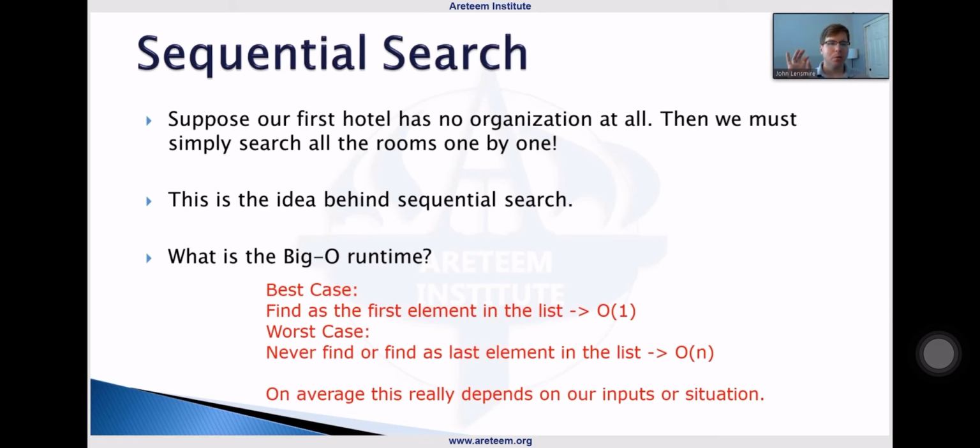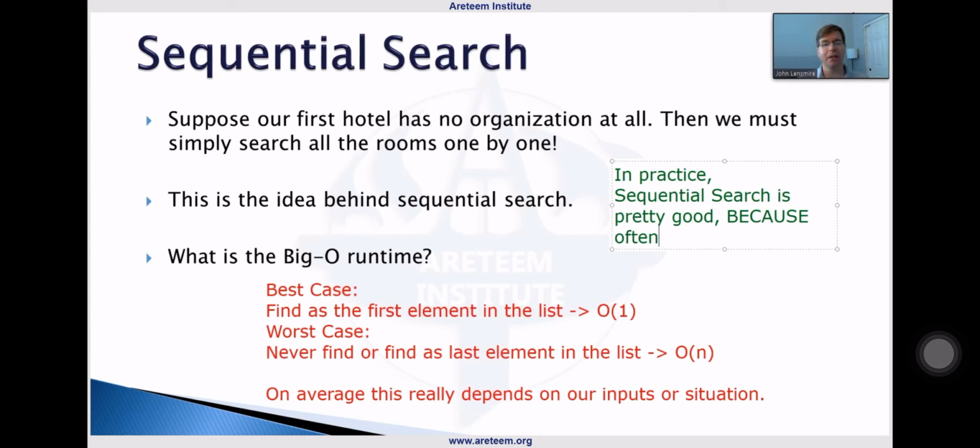Okay, before we move on to some other sorting methods, I want to stress that this situation seems a little bit funny as far as the hotel being organized, but in practice, in many cases, you maybe can't do better than sequential search. So in practice, sequential search is pretty good, because often our lists will have no organization.